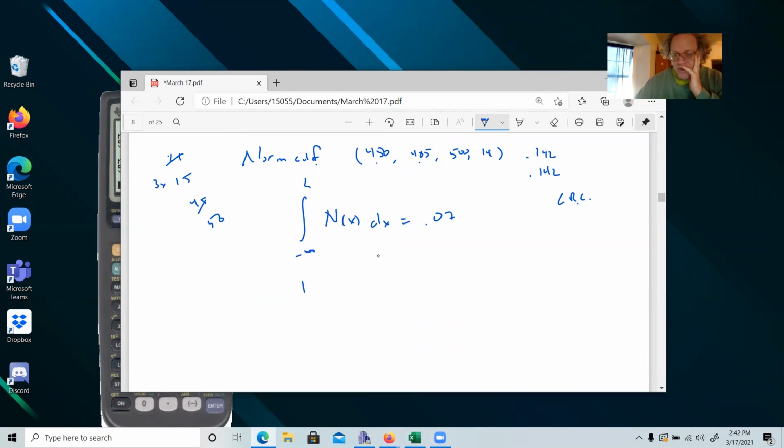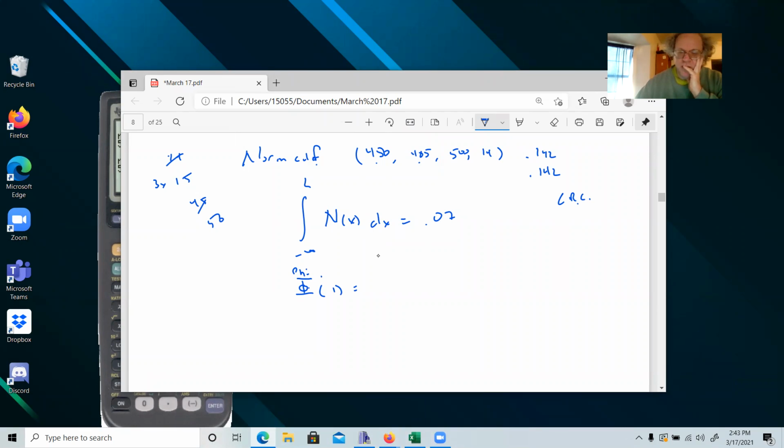The symbol we use for the normal distribution in the more advanced stats classes is phi, and this means a standard normal. We have to put z-scores in for this, but all this means is we looked it up on the table. So we put a number in, and that's going to give us a value.